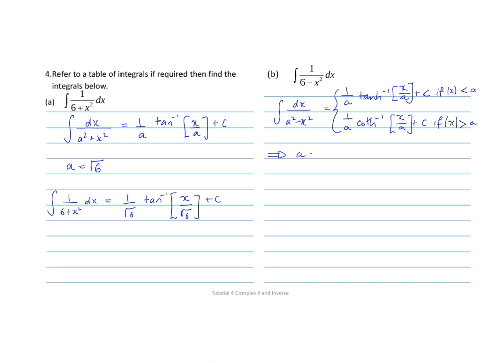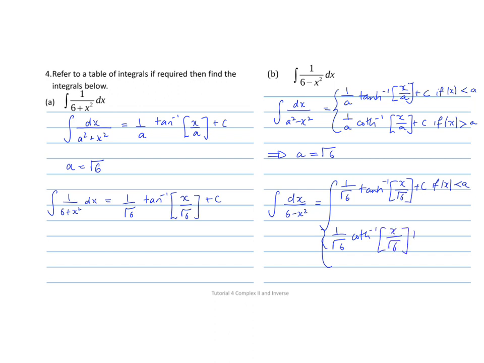So a is once again the square root of 6, and our integral of 1 over 6 minus x squared is going to be 1 over root 6 inverse tanh x over root 6 plus c if x is less than a, and 1 over root 6 inverse coth x over root 6 plus c if x is greater than a.